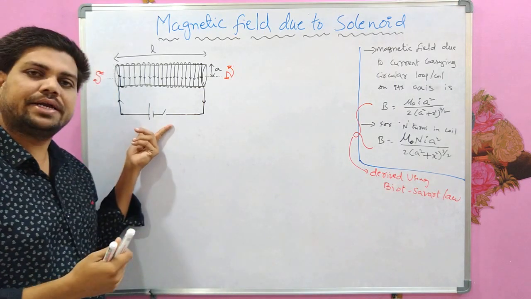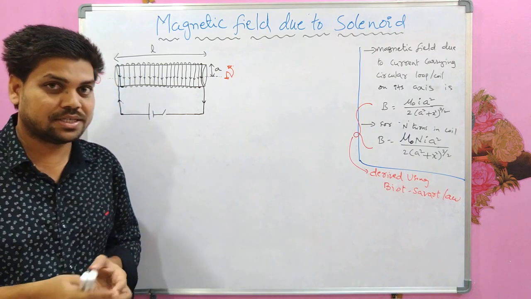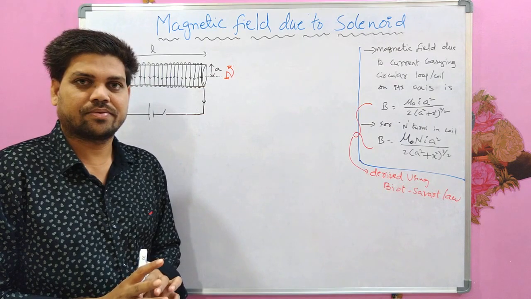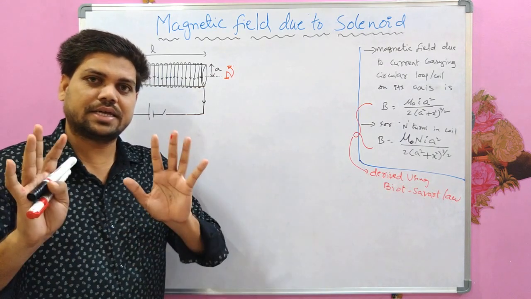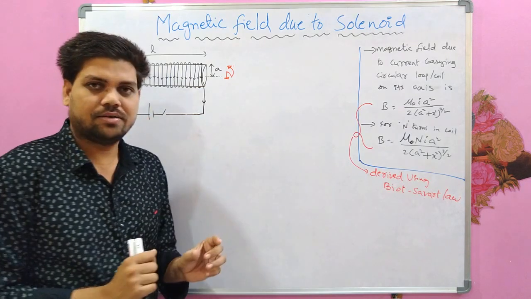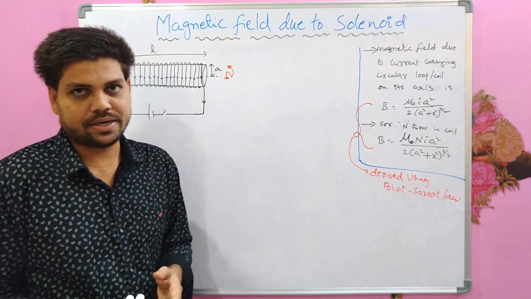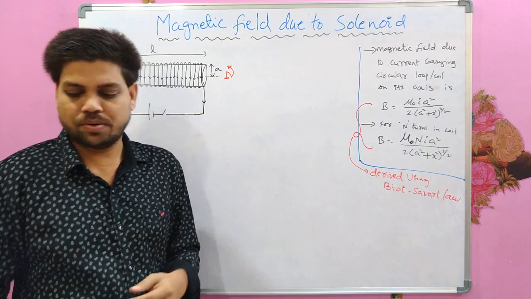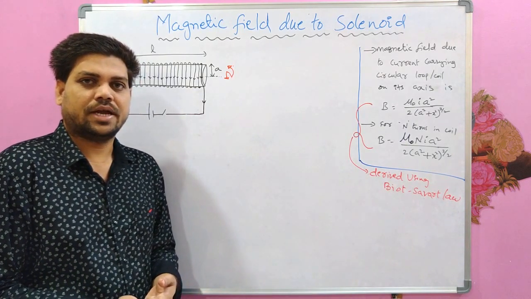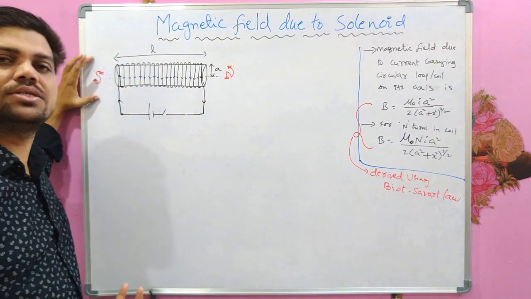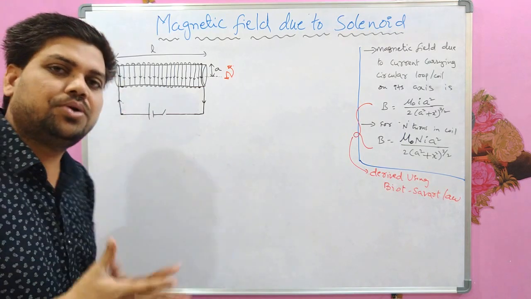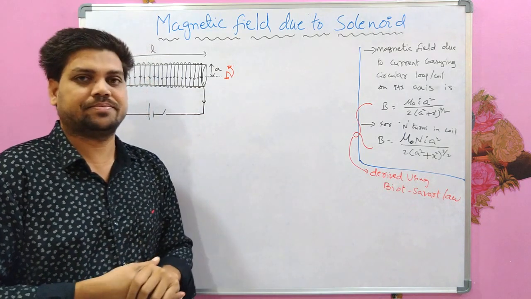If the battery polarity is reversed, the current direction will get reversed and the south and north poles will get reversed. But still it is acting as a magnet. Whatever the direction of the current flowing through it, it is acting as a magnet. The only thing is, north and south poles are interchanging. Right? So this is how the solenoid carrying current behaves like a magnet and produces a magnetic field around it.